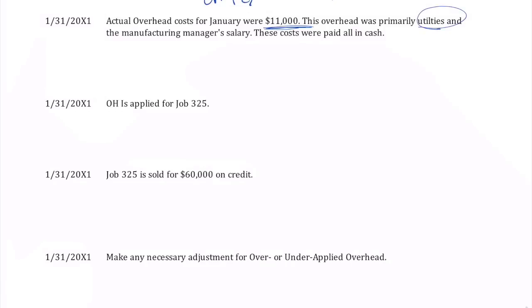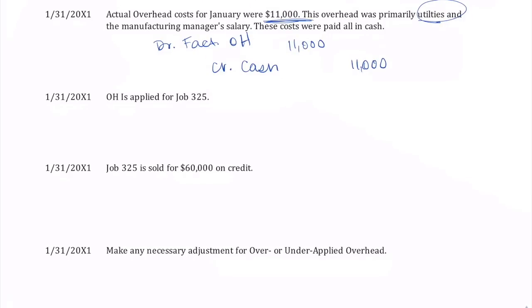We got a utility bill and we paid it in cash. So what do we need to do? Well, the easy part may be first seeing that we've paid cash of $11,000. Now we need to think about what the debit should be. Well, the debit is going to be factory overhead, $11,000.